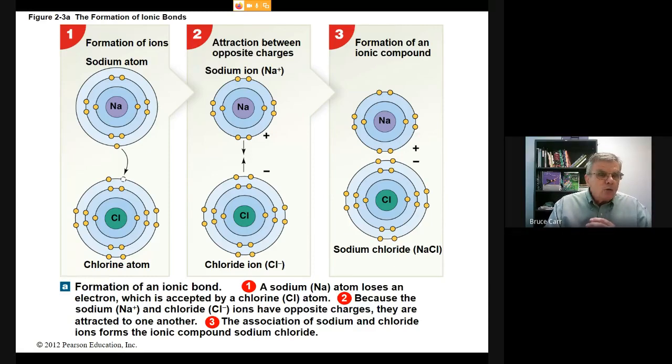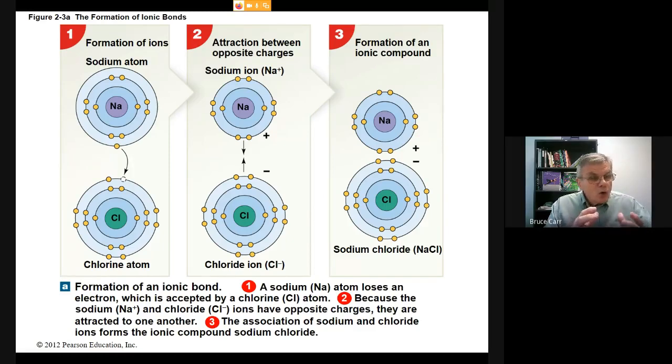But if you have an outer ring like sodium where it can hold 8 electrons, but you can see there's only 1, this sodium ion really is more stable if it gives away that electron. Now the chloride, you'll notice that 3rd ring has 7 electrons, so it attracts electrons very strongly. It's called electronegativity.